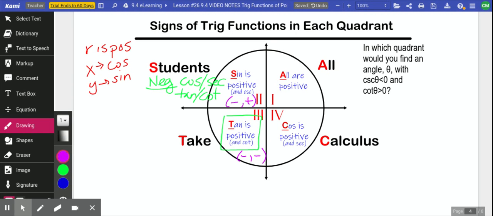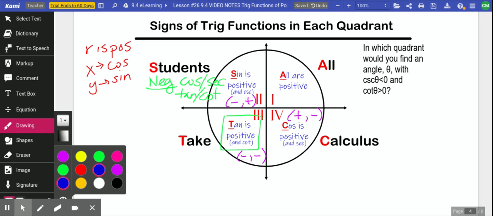Everything else will only have one negative, and therefore everything else will be negative. And then if we go to our fourth quadrant, that would be positive, negative. So cosine is positive, which means secant is positive. Everything else is negative.